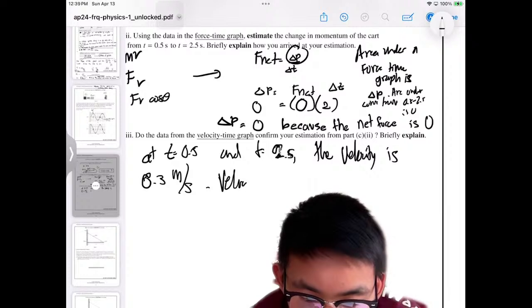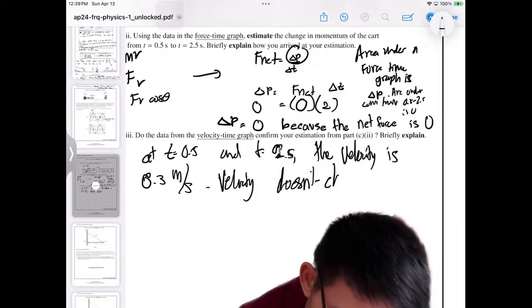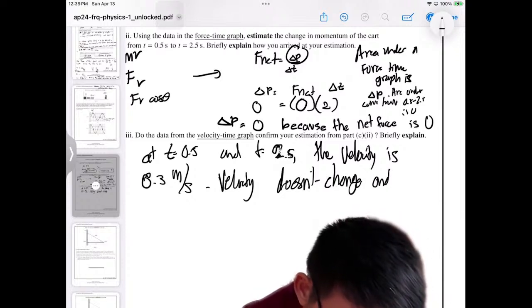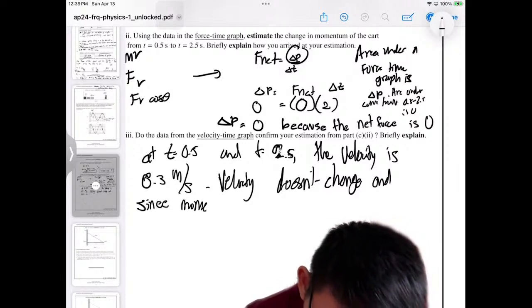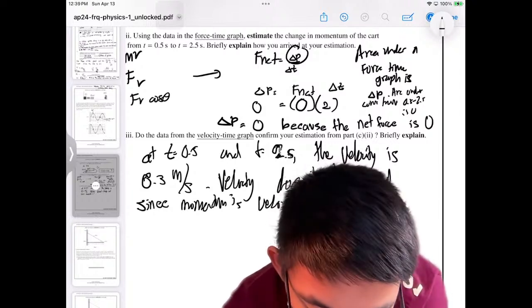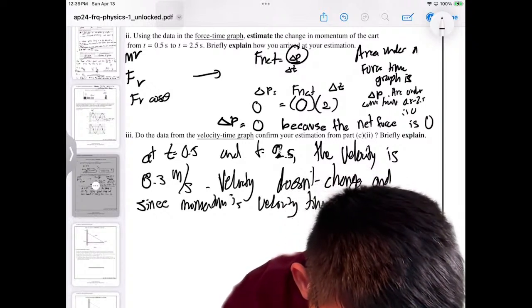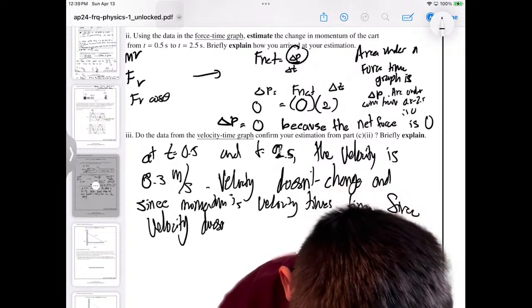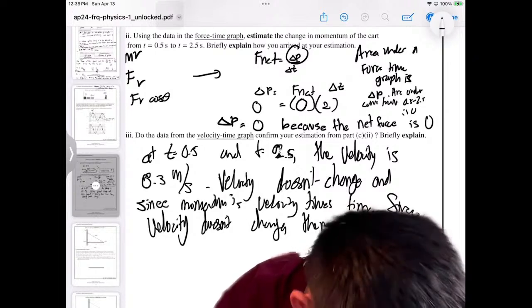Velocity doesn't change. And since momentum is mass times velocity, and velocity doesn't change, then momentum doesn't change.